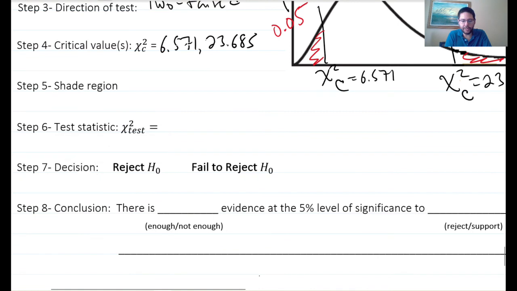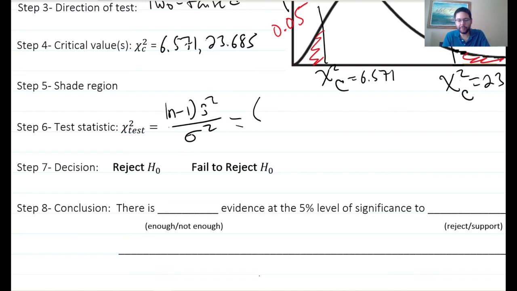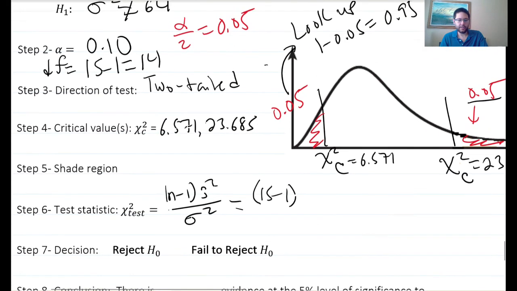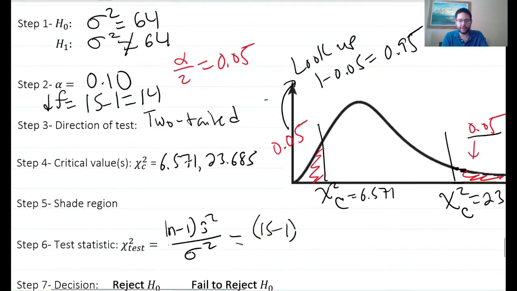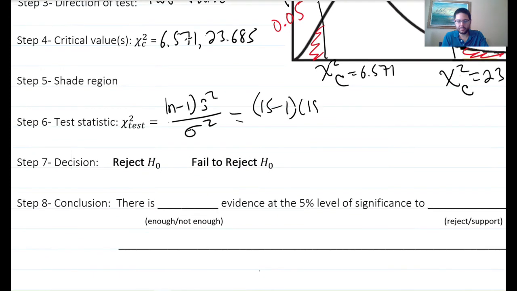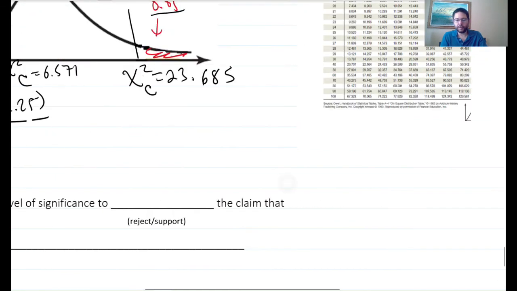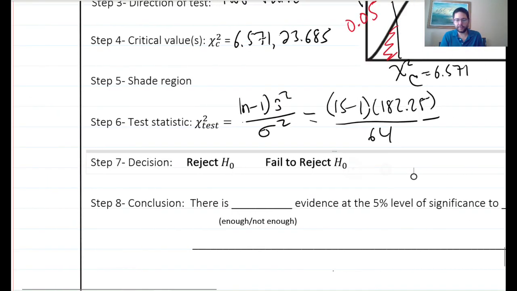So remember the formula for that: n minus 1 times s squared over sigma squared. Our sample size was 15 days, take away 1. And then our s squared was the 13.5 squared that we had here, so it's 182.25. And then our sigma squared was from our claim, so that was 64. I'm going to go ahead and calculate this.